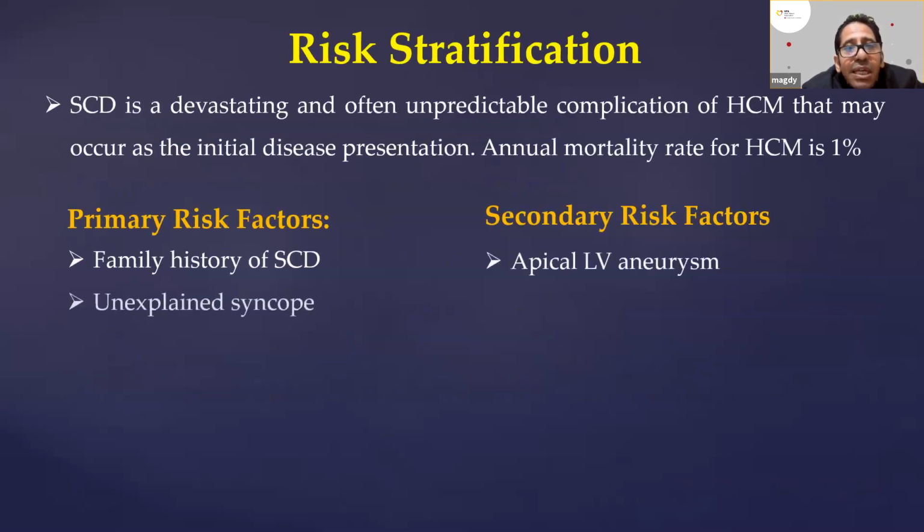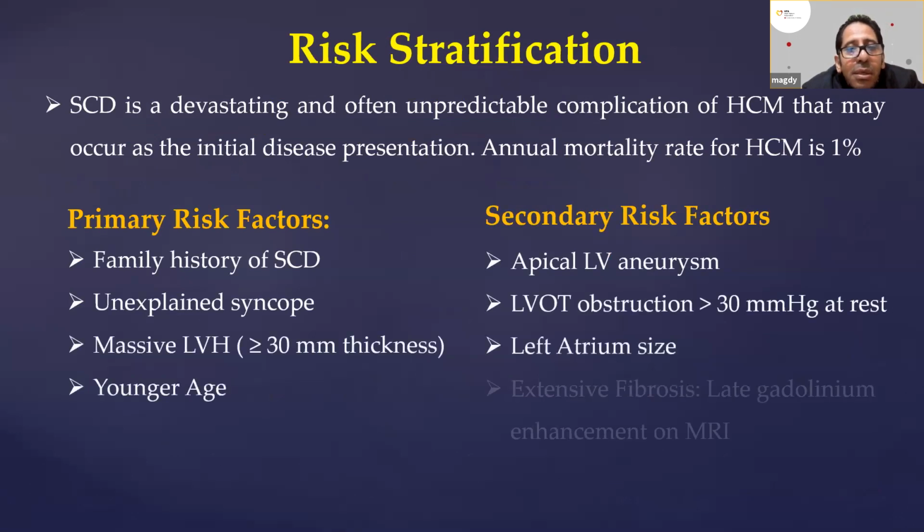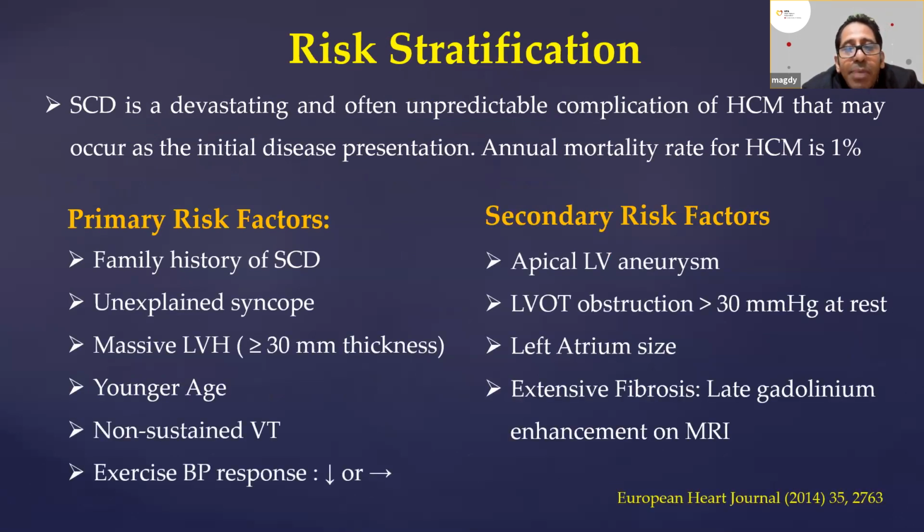Risk stratification is very important in every patient diagnosed with hypertrophic cardiomyopathy, because sudden death is a devastating event and an unpredictable complication of hypertrophic cardiomyopathy. It may be the initial disease presentation. Annual mortality rate is 1%.